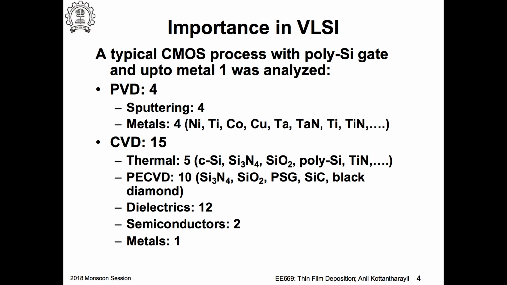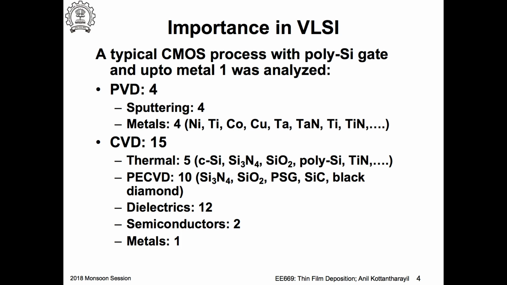Now, if you look at the importance of thin film deposition in VLSI, what I have done here is I took one of the old processes we used at IMEC to make, let's say, 90 nanometer node transistors.